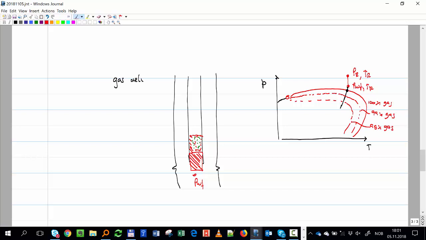Therefore, as I enter into this envelope, I will have more and more liquid. The liquid starts to accumulate and stick to the walls, and I have this core in the center with some droplets of liquid.